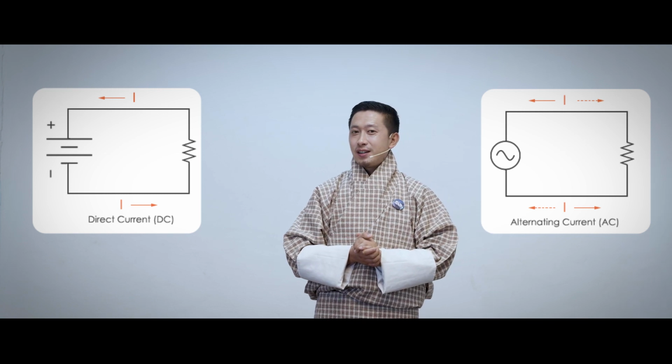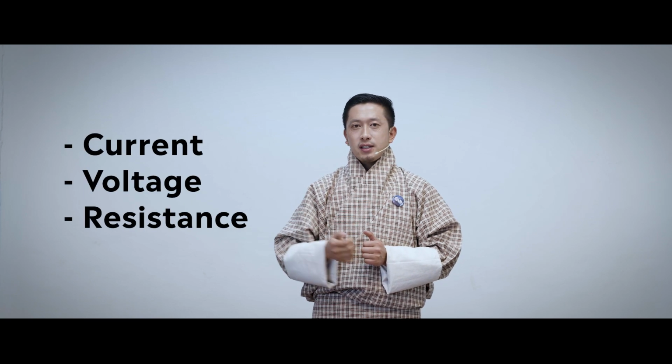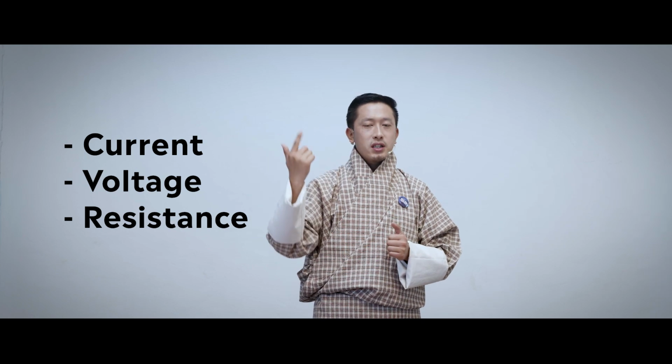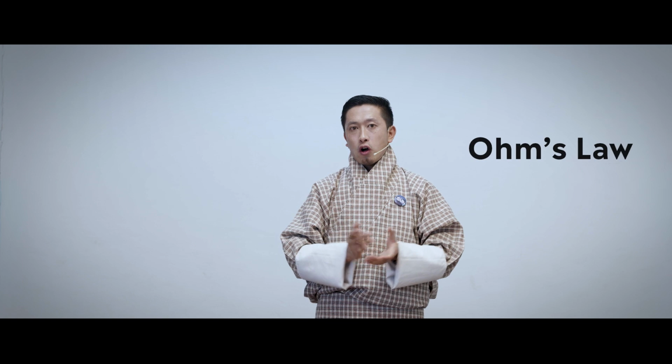So with this, let us summarize what you have learned in today's lesson. In the beginning, we learned about current, voltage and resistance: what is current, what is voltage, and what is resistance. And then we tried to establish the relationship between these three variables through a law known as Ohm's law.